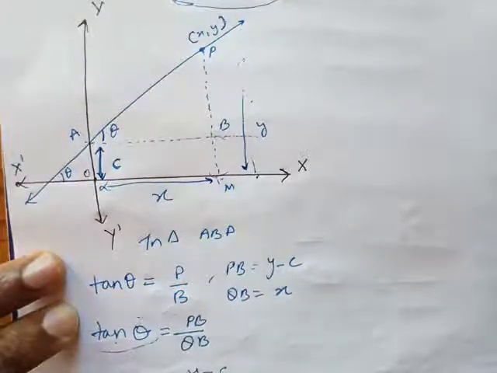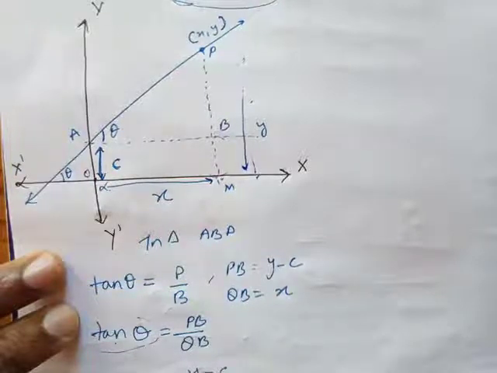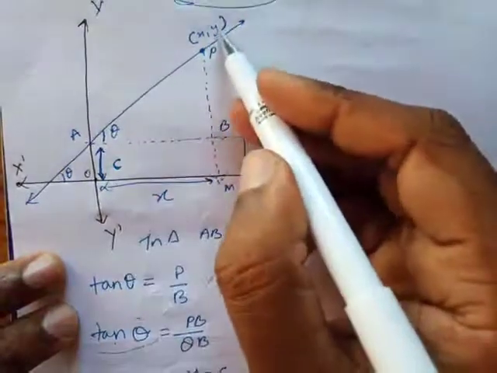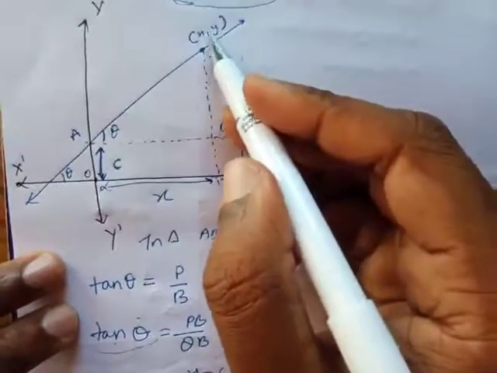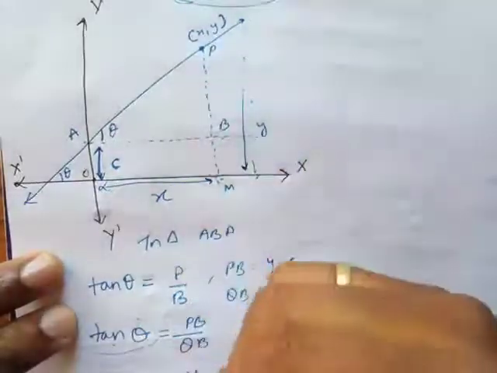So if I shift this x on that side, it's going to be mx equals to y minus c, and if I shift c on that side, it will be mx plus c equals to y. So this is my slope intercept form, where y is a point, any point. Coordinates x and y are the coordinates of a point P. Okay, and C, what is C?